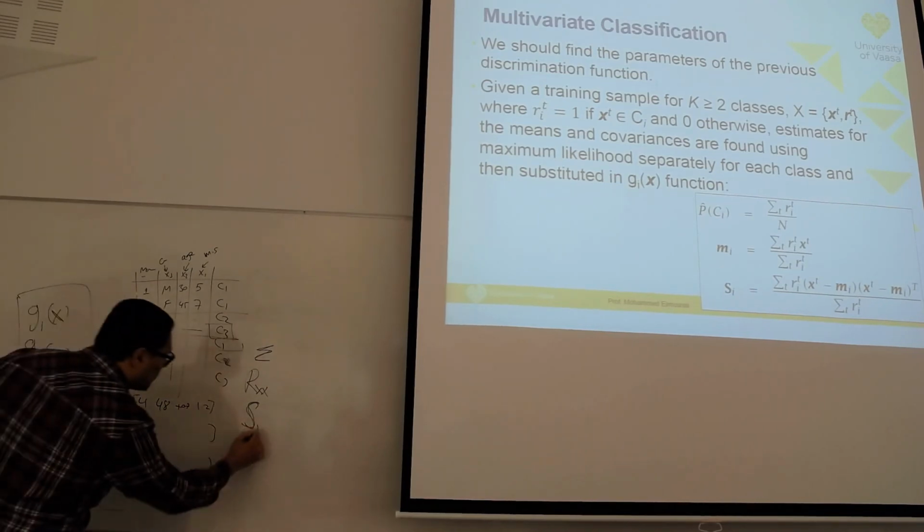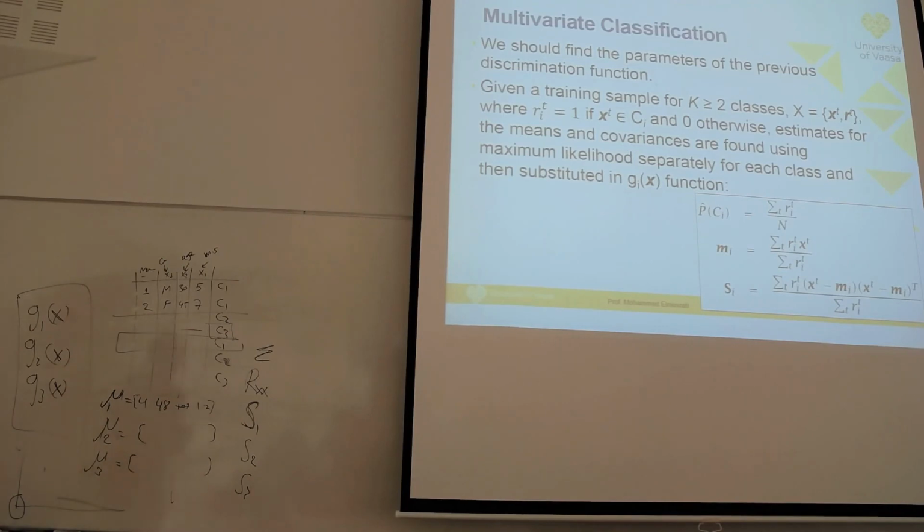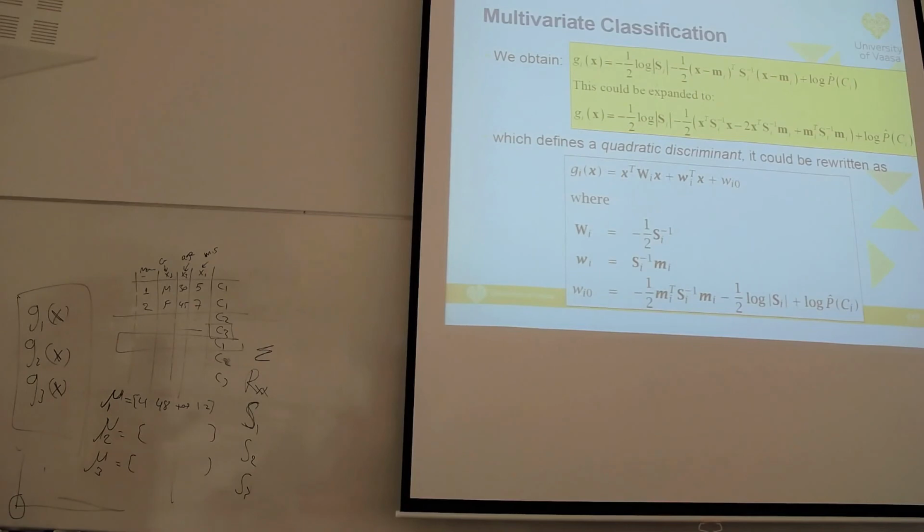So we have S1 and S2 and S3. Okay, so in this way, we computed the probability of each class, which is the number of the people in that class divided by the total number n, and the average of each class, and the covariance matrix of each class. Once we compute those, we can easily build our discriminant function.